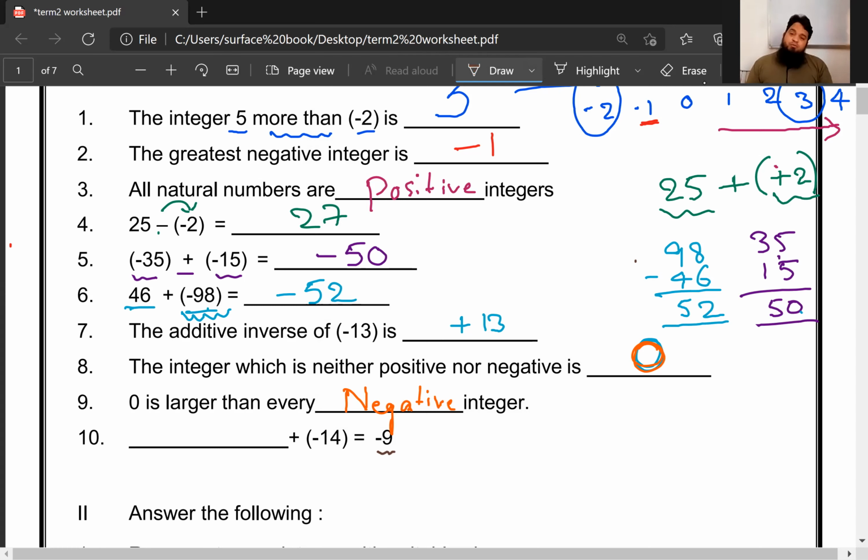And when you add one positive and one negative, already we have a negative, so you are going to add a positive number. Since the negative number should be larger in order to get a negative answer, 14 minus what number will be 9? It will be 14 minus 5. So it will be positive 5. I hope you understood, right?